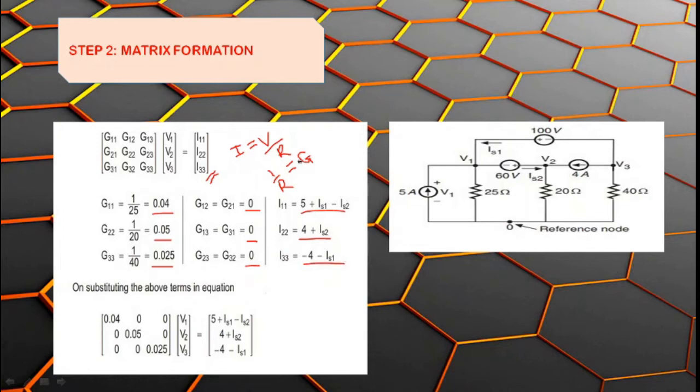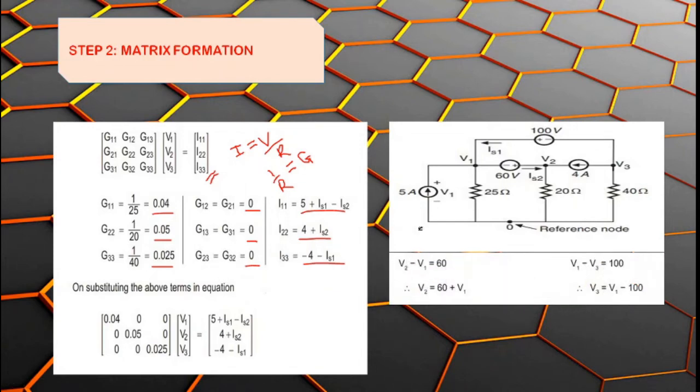Now we are going to substitute these values in the matrix. The next step, we had two equations, V2 minus V1 is equal to 60 and V1 minus V3 is equal to 100. If we observe these equations, we have V1 as a common term. So we are going to bring V1 to one side and form the equation.